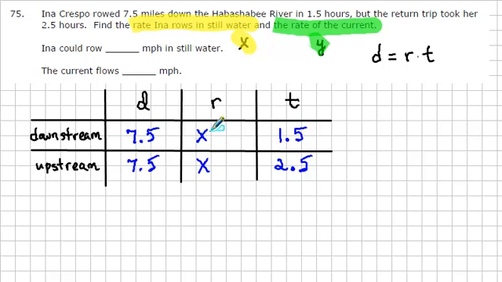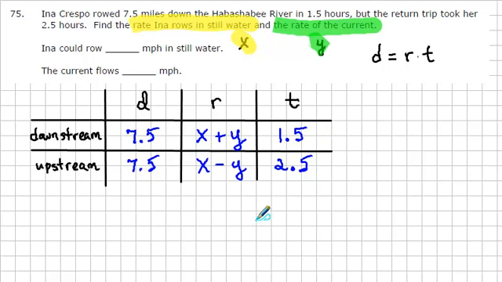The water has a current, and that current is helping Ina to go faster. So we want to add the speed of the current to her speed in still water. On the other hand, when she's rowing upstream, the current is going to slow her down. And so we'll take away y from x, her normal speed minus the speed of the current.